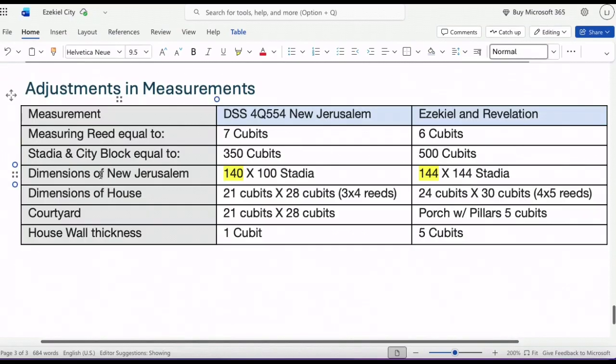Now, the dimensions of the New Jerusalem, they have is 140 stadia. It's not a perfect square, it's 140 stadia by 100 stadia.